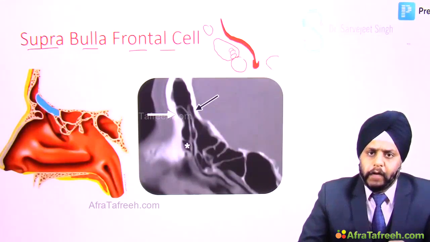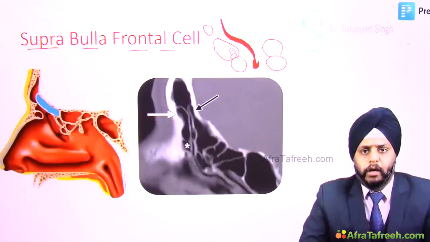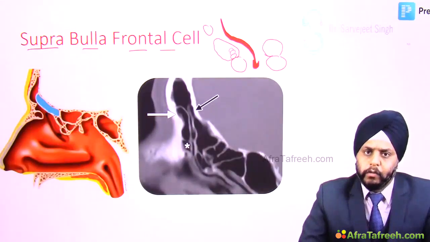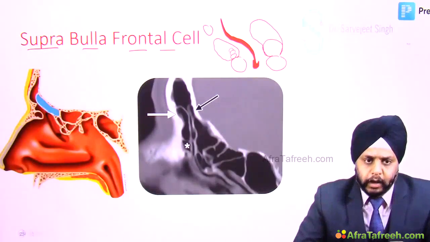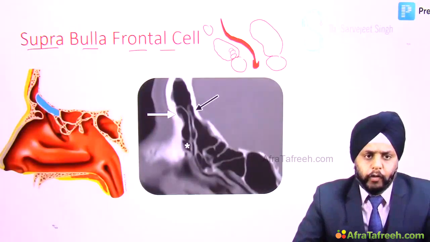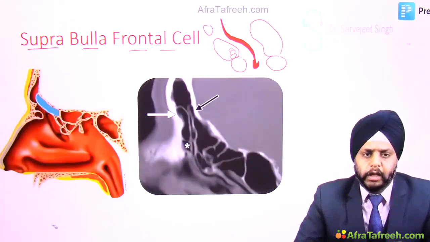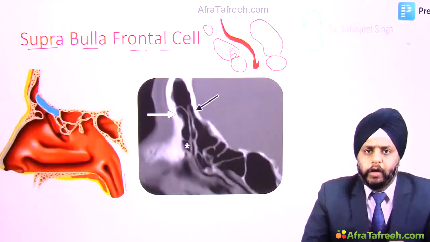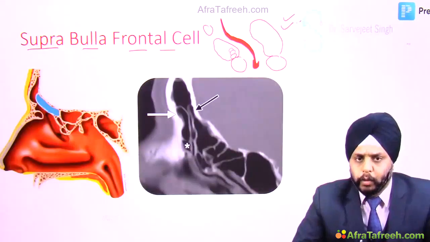And here we have the bulla ethmoidalis. We may have a suprabullar cell, and now I am telling you we may have a suprabullar frontal cell. So it is going into the frontal sinus, and obviously it will cause more blockage.